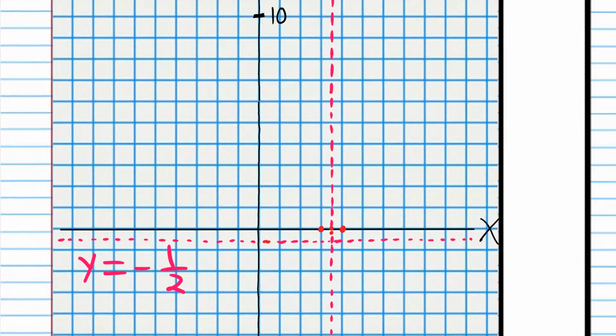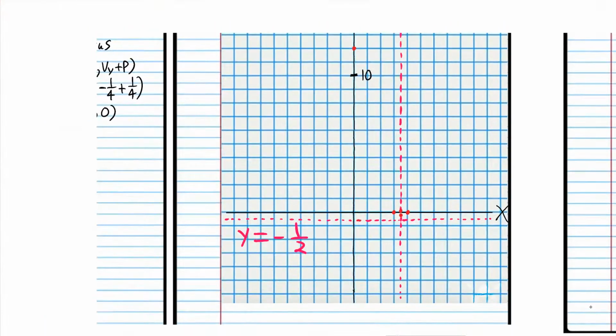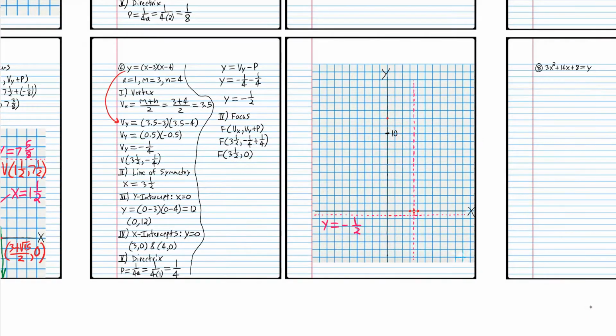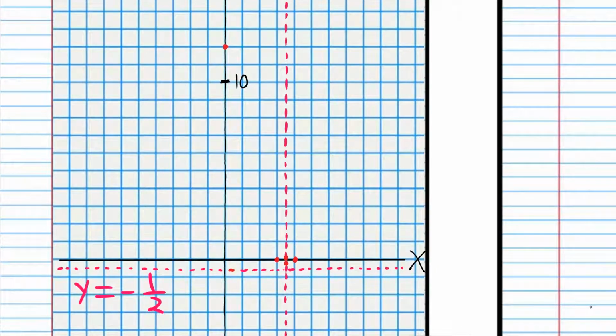So it's going to be right on the x-axis. So that's about there. And the vertex, I think, is about there. So now we're going to connect the dots to get a feel for what this looks like. So looks like it's going to look something like that.